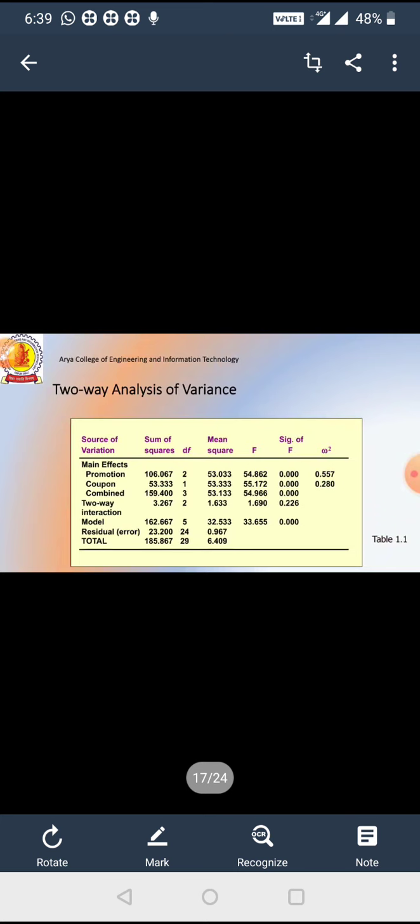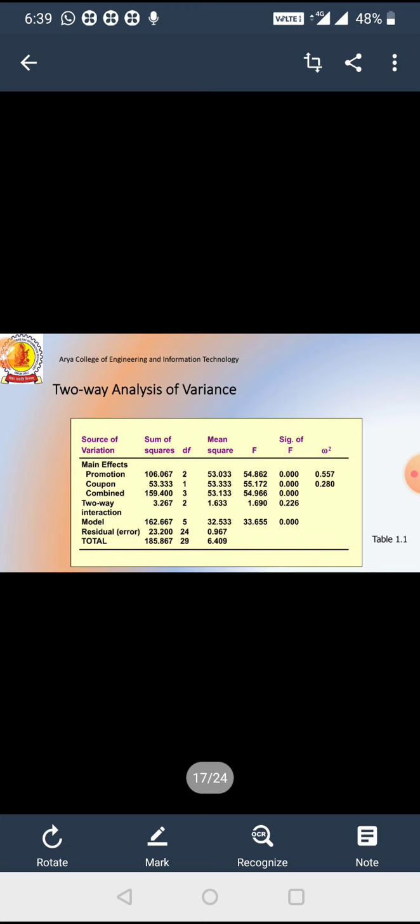Now if there are two independent variables in the terms, then we use two-way analysis. For the two-way analysis, we take a table with combined interest where the sources of variation are more than two.